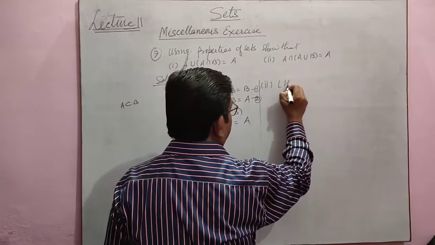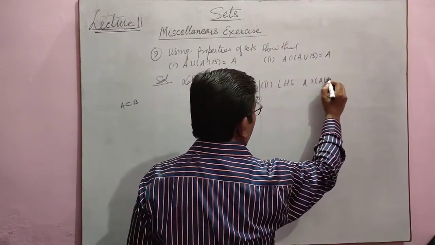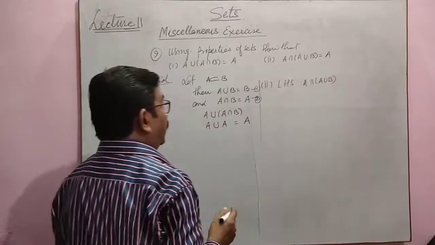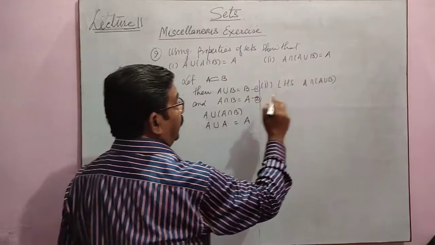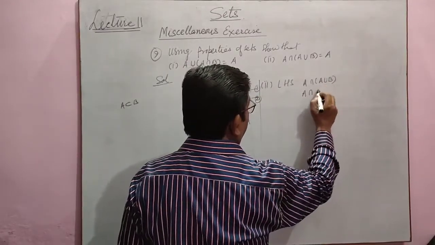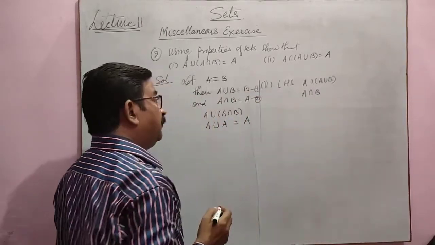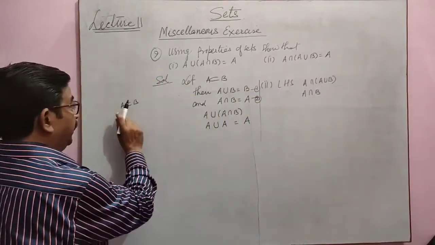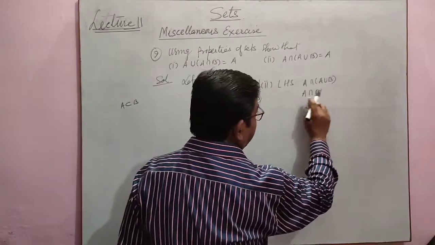Taking left hand side, we have A intersection A union B. And I have shown A union B is equal to what? B. So A intersection B. If A is a subset of B, then what is A intersection B?